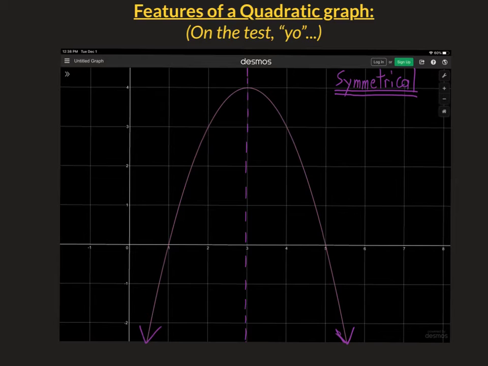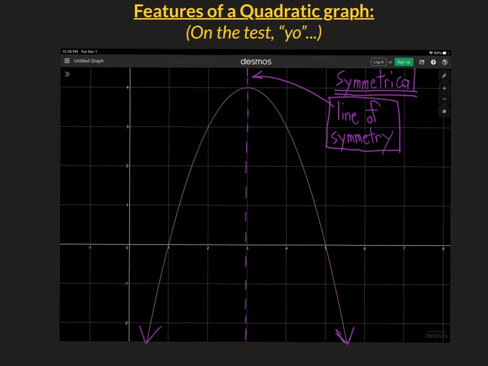So in this case, that's actually called the line of symmetry. It's just the line that cuts this parabola in half. It goes right down the middle, and it's literally that simple. Your parabola will always be something you can just draw a line right down the middle.